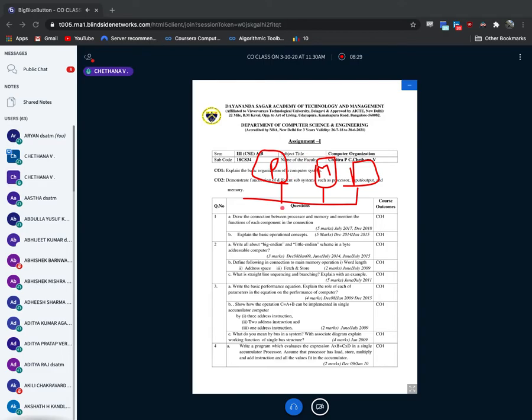So memory, processor, and you have some input-output devices, input devices and output devices. Like this, you have n number of input-output devices, input-output device 1, 2, 3, 4, like that. These are all connected with a single bus. This you have to explain. That's all. Nothing else.